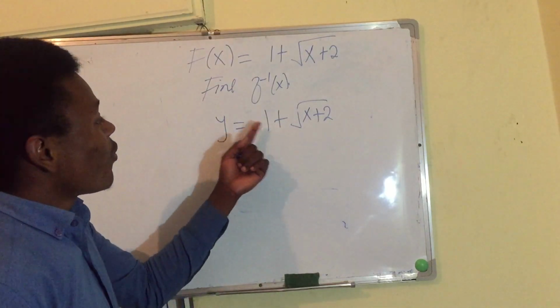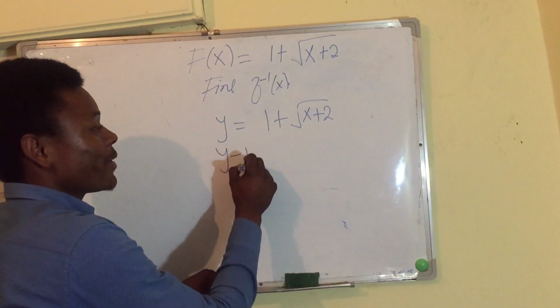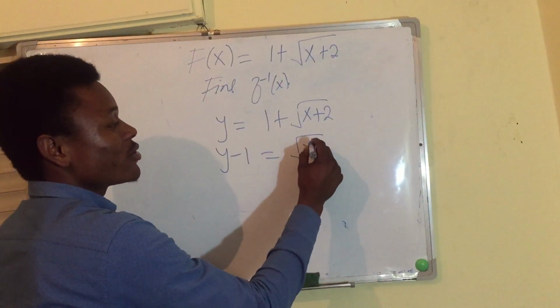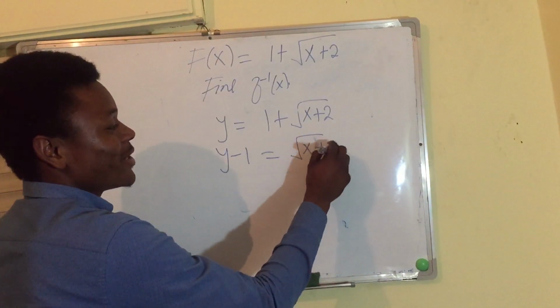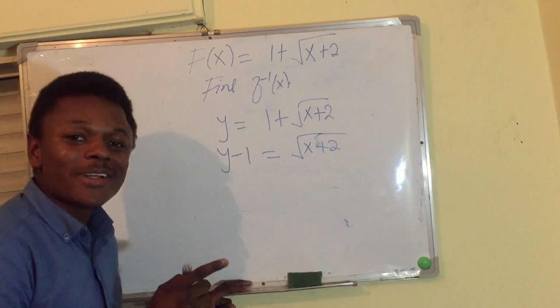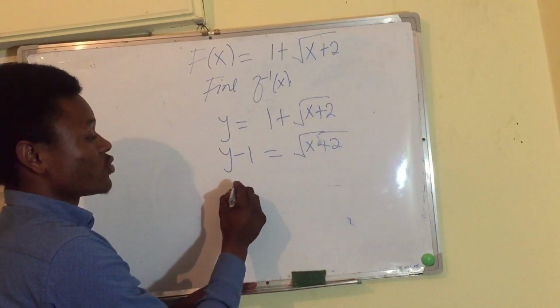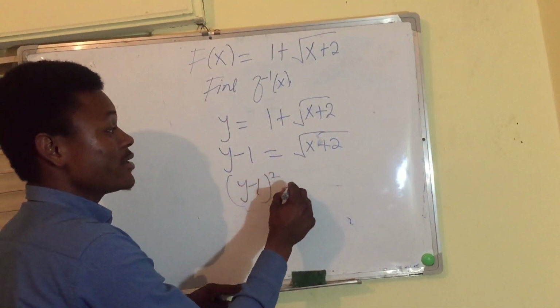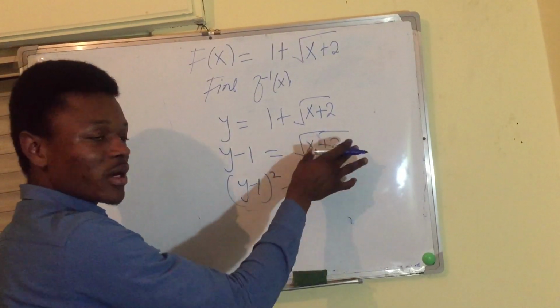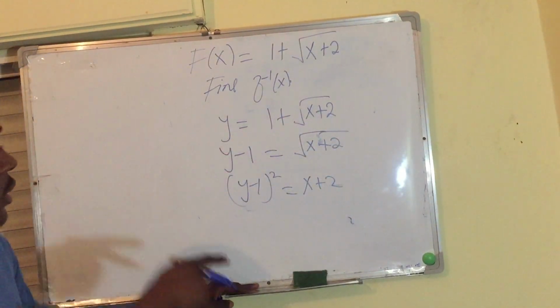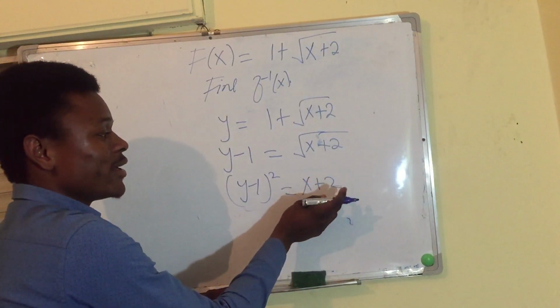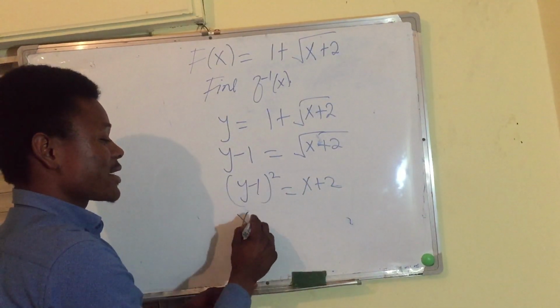How? 1 za ta dawo nan, muna da y minus 1, can kuma muna da square root of x plus 2, so minus x. So daga nan wuri din sai mu square both sides and we run square root into to square both sides like this. Muna da x plus 2 because square both sides is into square root 2. So from here, 2 za ta dawo nan dan mu samu x kadai.